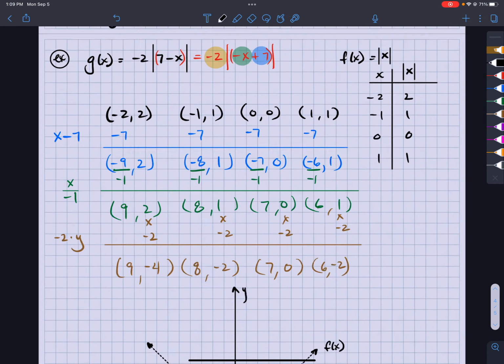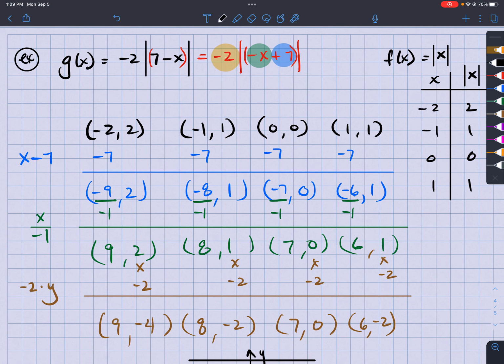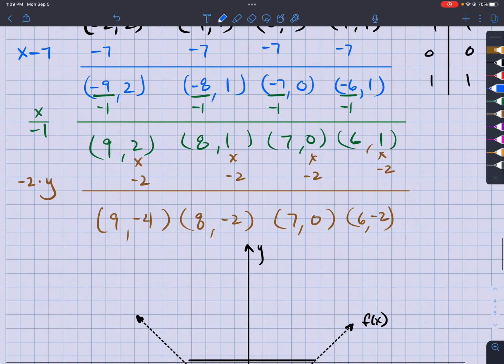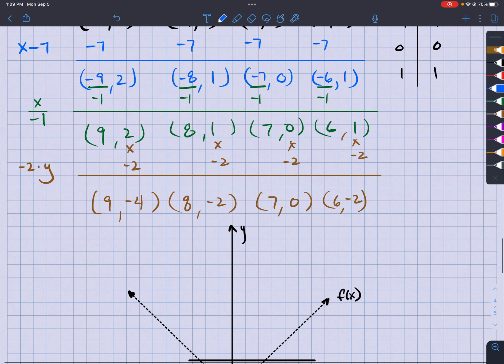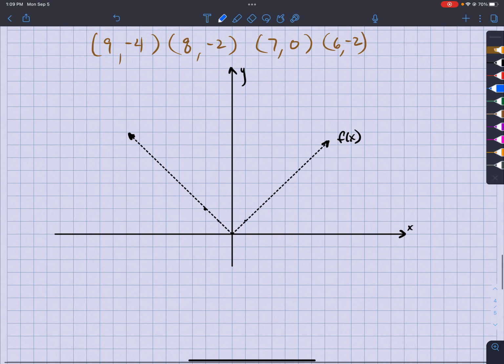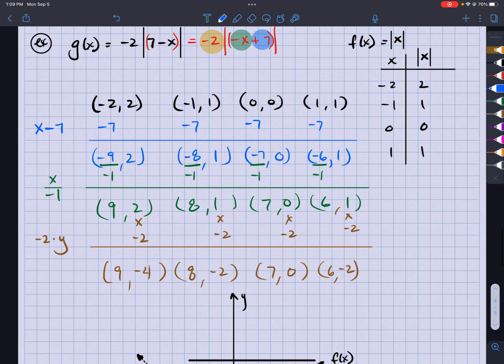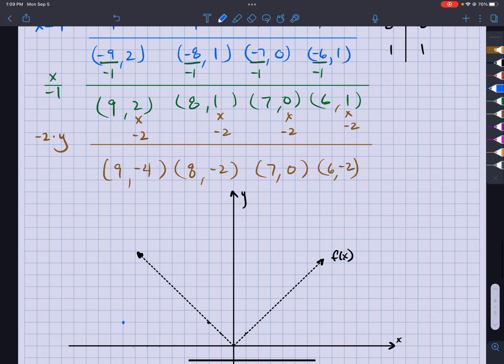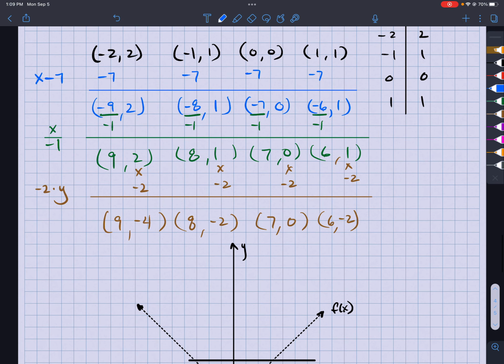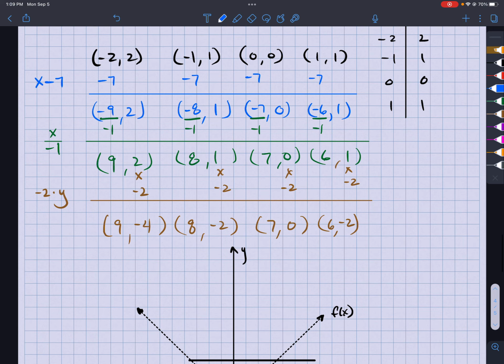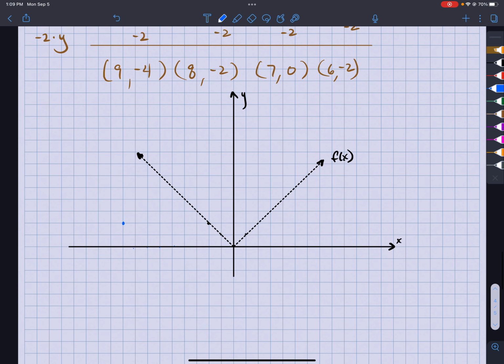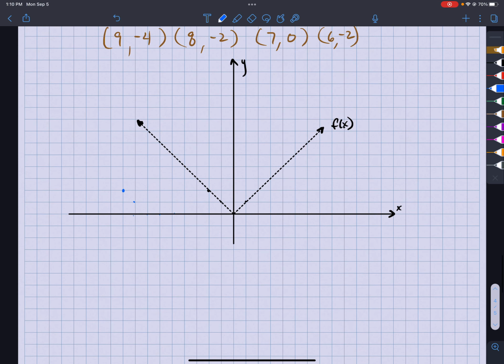The first thing was a blue, right? If I plot the blue points here, it would have been -9, 2, then -8, 1, and then -7, 0.